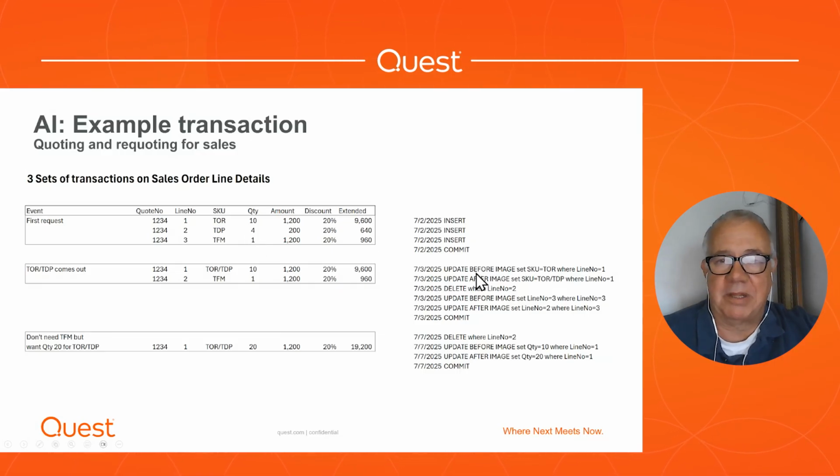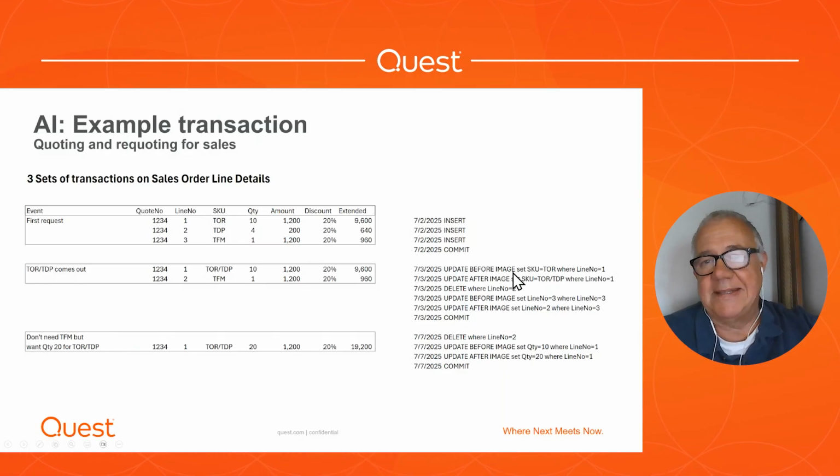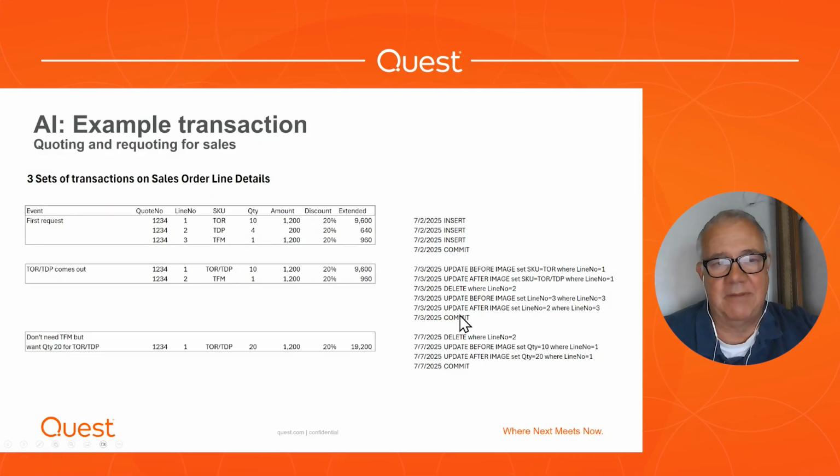Depending upon how the application works, here's some DML that might run to change from this being the quote to this being the quote. We have some updates, a delete, a couple of more updates. You'll notice in each of these updates, we're recording the before and after image, and finally a commit.